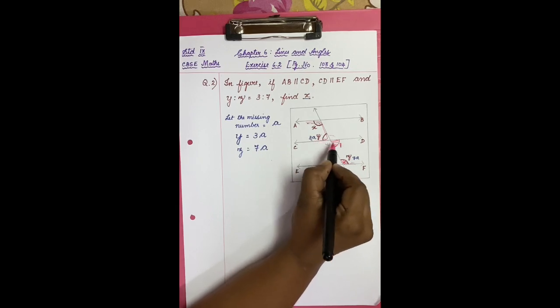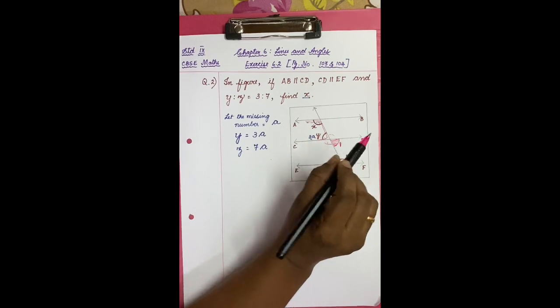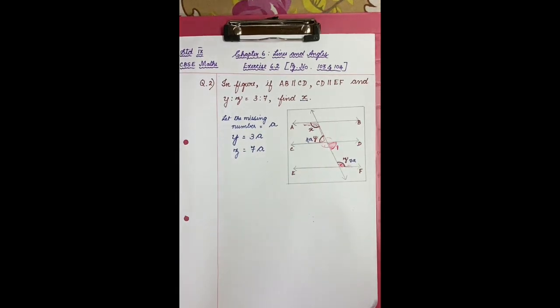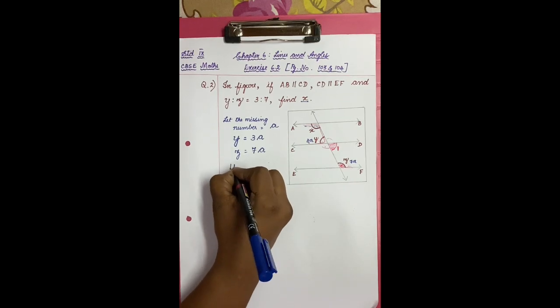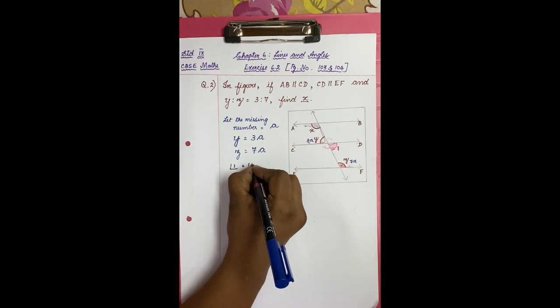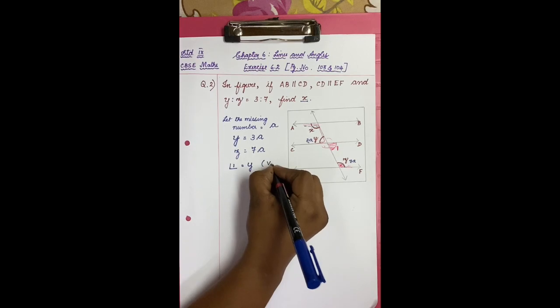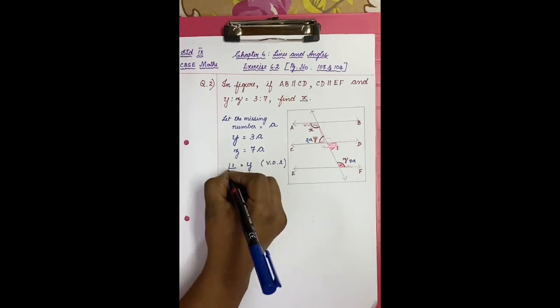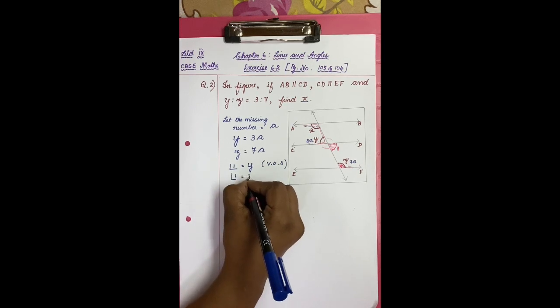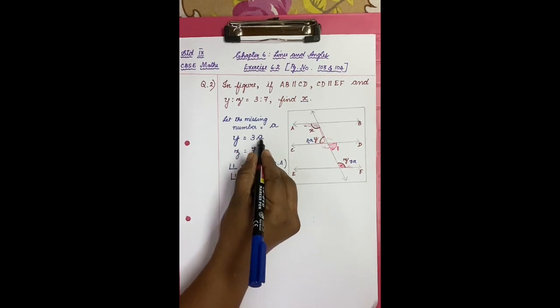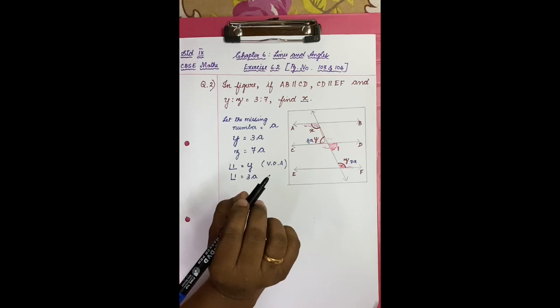Angle 1 and angle y are vertically opposite angles. So this is where we are going to start solving this problem. After introducing, angle 1 is equal to y because they are vertically opposite angles. So angle 1 is equal to 3a because y is 3a.